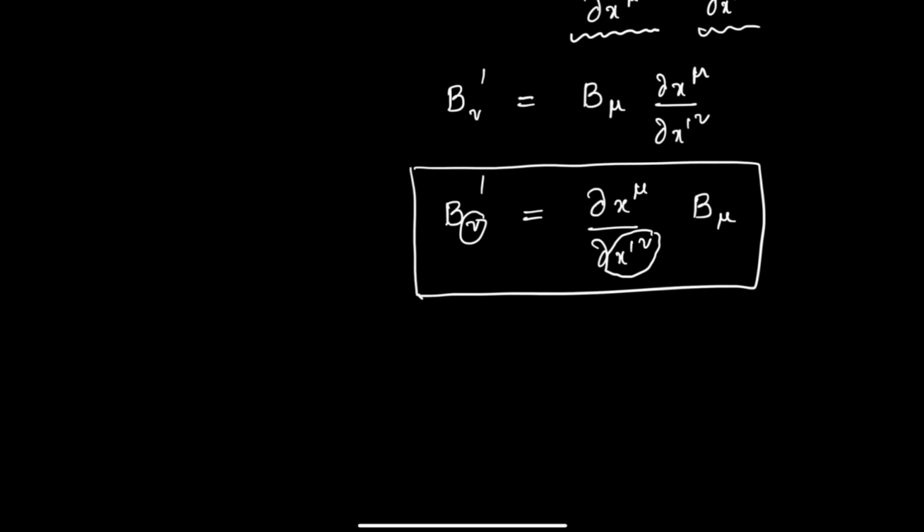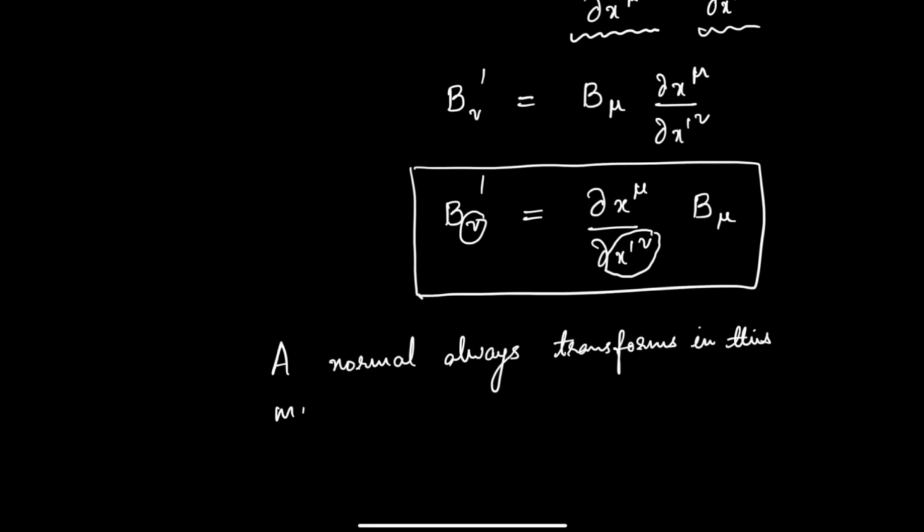Okay, so a normal always transforms in this manner. That is similar to how a gradient of a scalar transforms.